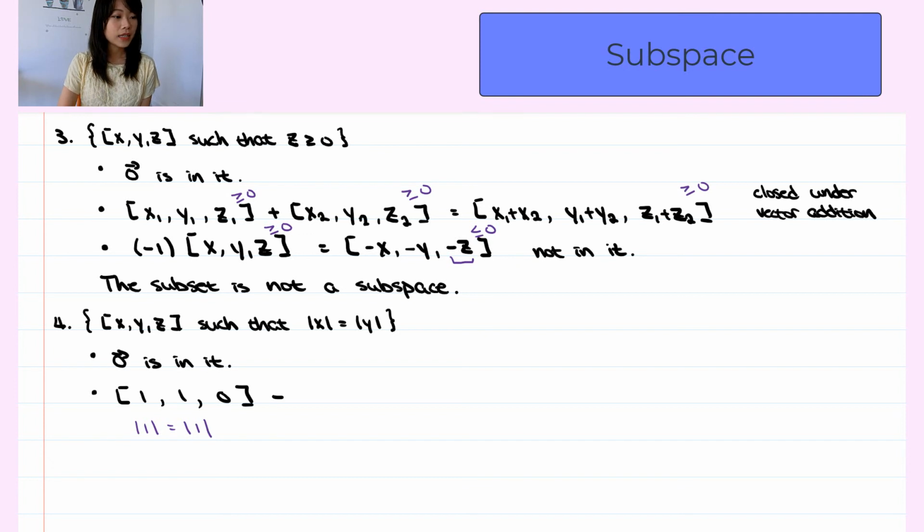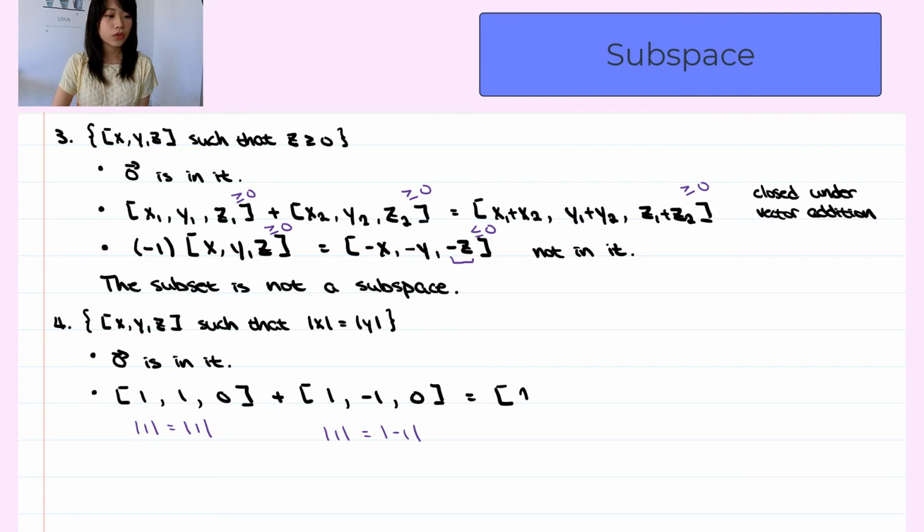And if I add this with another vector in the subset, for example, 1, -1, and 0, this vector is also in the subset because the absolute value of x, which is 1, also equals the absolute value of -1, that is the absolute value of y. But what would be the resultant vector? It would be 2, 0, and 0. But the absolute value of 2 does not equal the absolute value of 0. And the resultant vector is not in the subset.